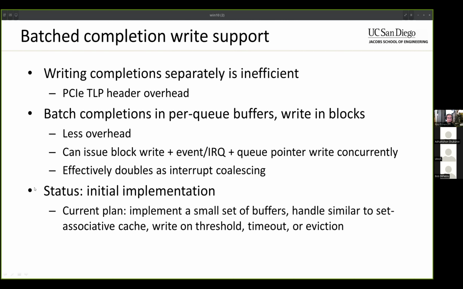So we have less overhead. And if we're going to be batching these, then when we issue the block write, we can also issue events, IRQs, and Q pointer writes concurrently, which will reduce the number of these events, IRQs, and Q pointer writes. So this effectively means we're doubling as interrupt coalescing.